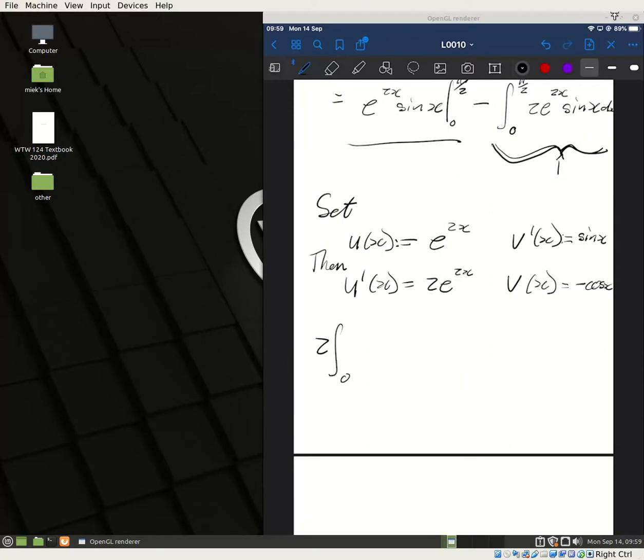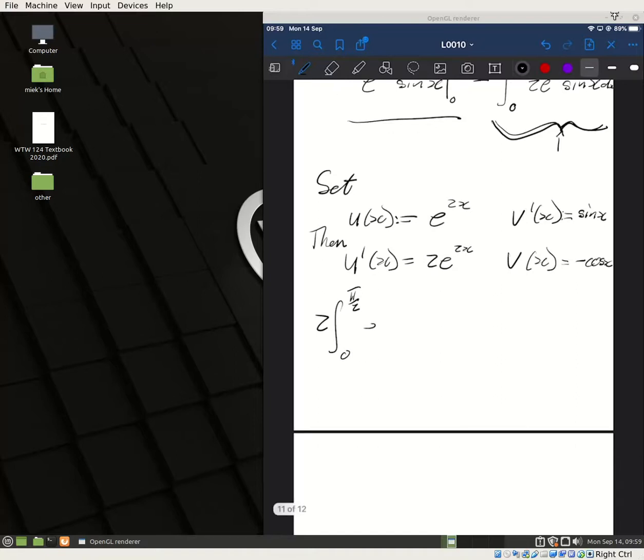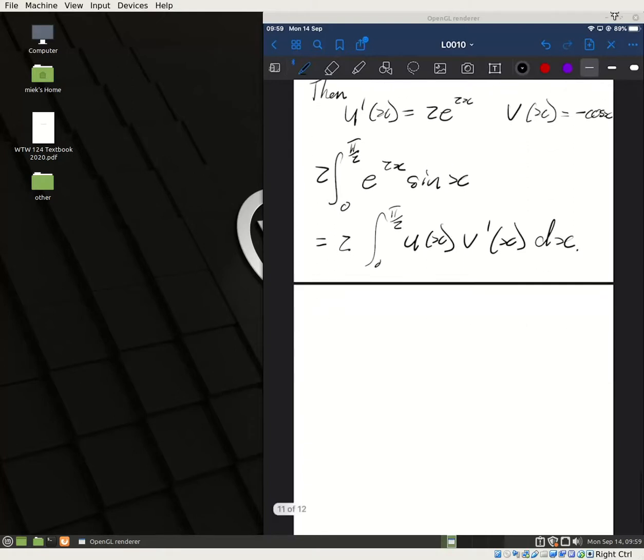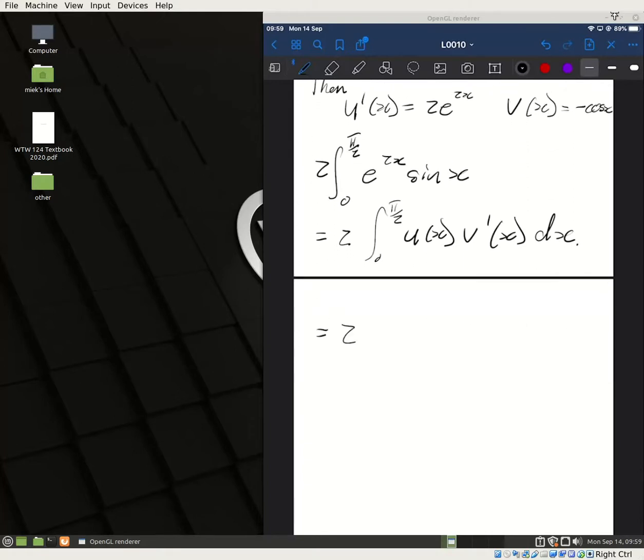So this integral from 0 to pi over 2 of e to the 2x sine x is equal to 2 times the integral from 0 to pi over 2 of u of x v prime of x dx, and this is equal to 2 times u of x v of x between 0 and pi over 2, minus the integral from 0 to pi over 2 of u prime of x v of x dx.